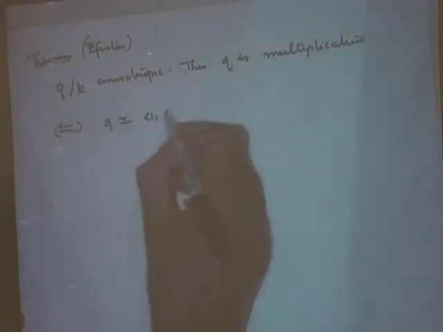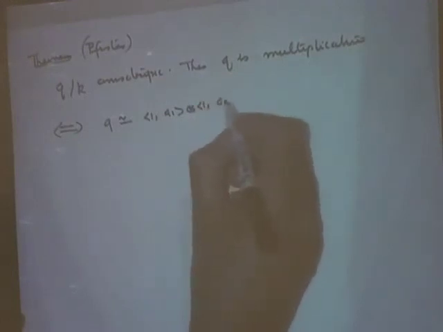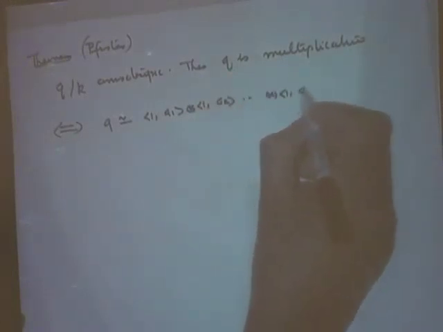Then Q is multiplicative if and only if Q is isomorphic to <<a1>> tensor <<a2>> tensor ... tensor <<an>> for some n, and n is determined by the dimension of Q. In fact, the anisotropic multiplicative forms are all of dimension 2^n for some n, and they have to be isomorphic to such a tensor product. Pfister called these forms multiplicative forms, and eventually they came to be called the Pfister forms, because I reversed the order of history.